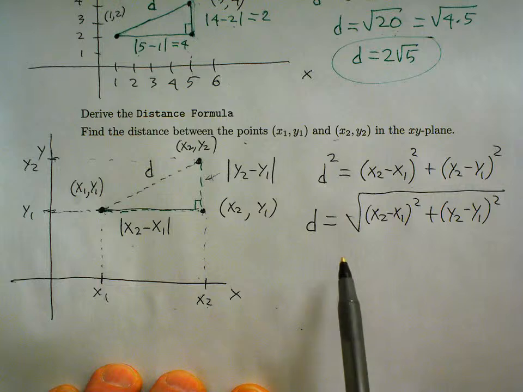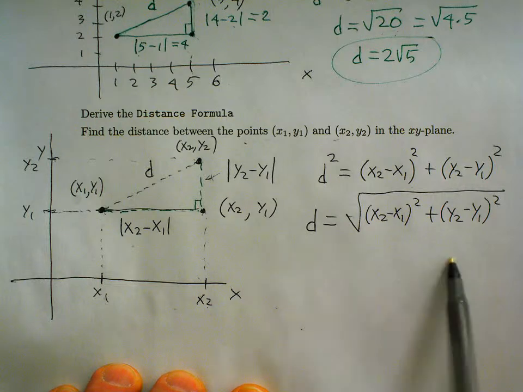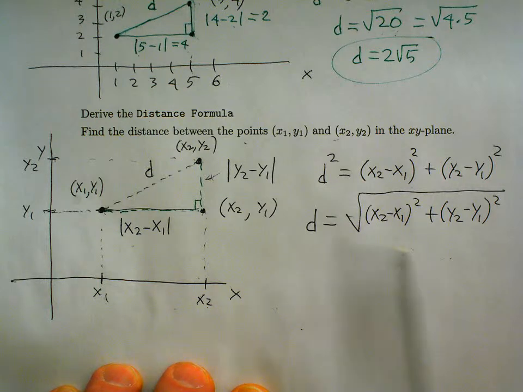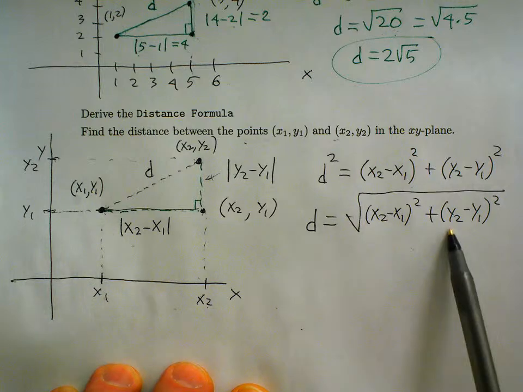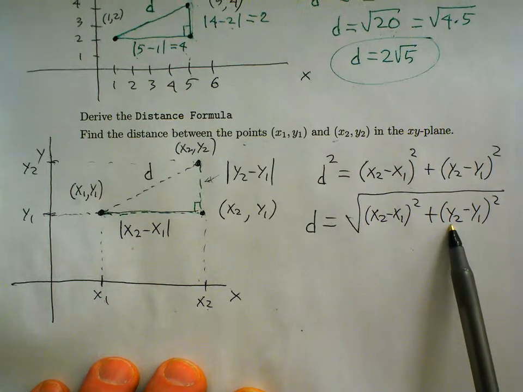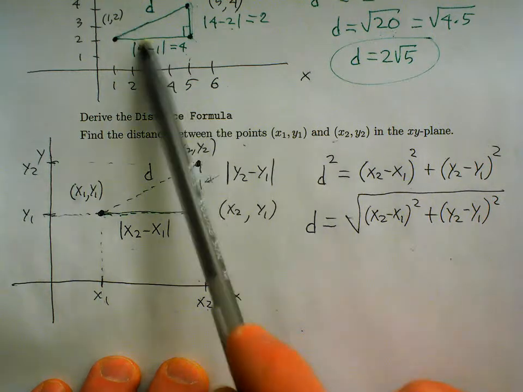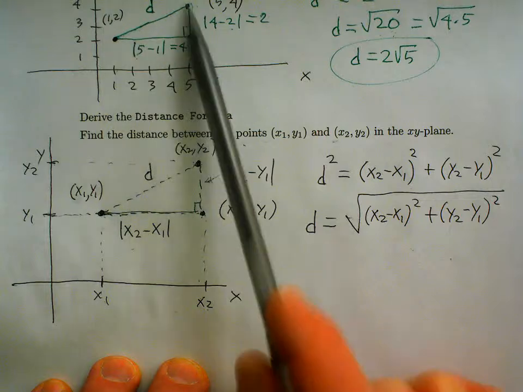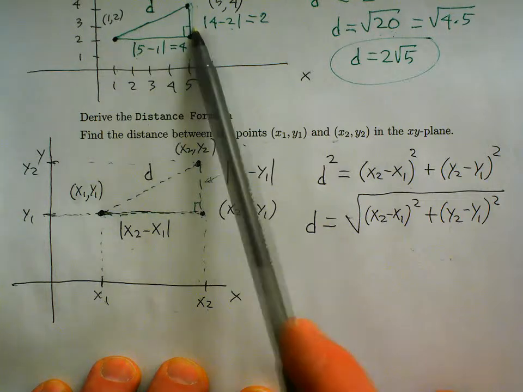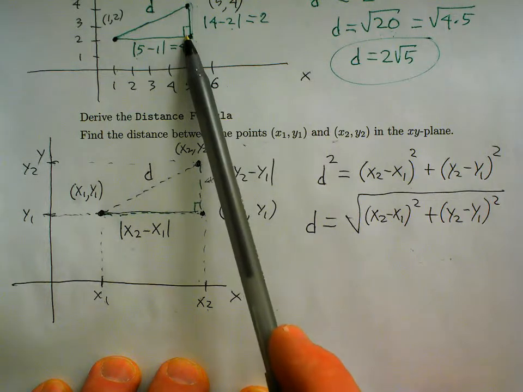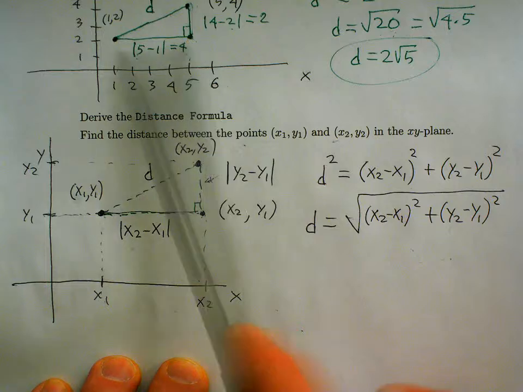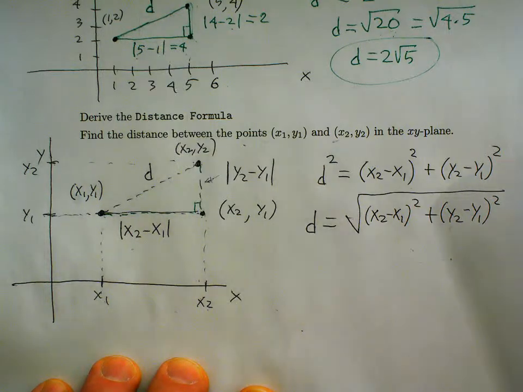So we really have two methods for finding the distance between 2 points in the xy plane. One is just constructing a right triangle like we did in the previous example, and then applying the Pythagorean theorem to that right triangle. Or you can memorize the distance formula.